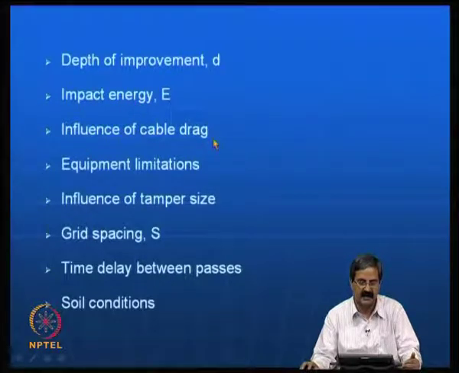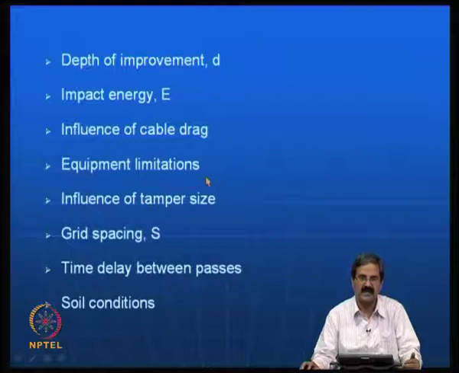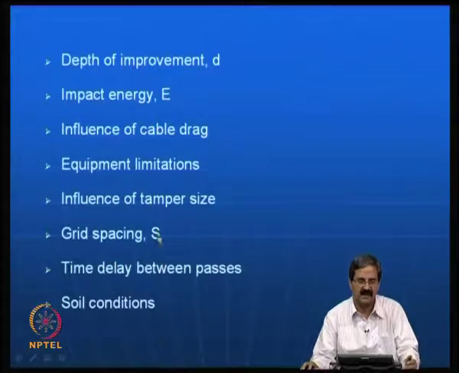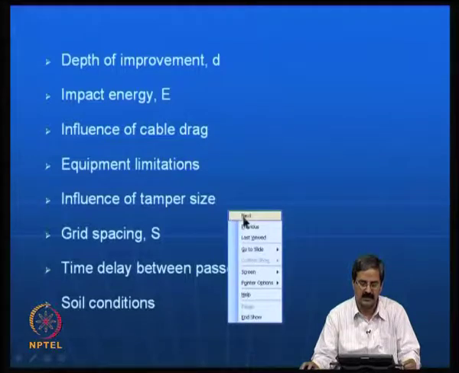Then the influence of cable drag, and equipment limitations: we should understand the equipment that is there, because you are planning for some energy level, which is related to the equipment. Then the influence of the tamper size, grid spacing, and time delay between passes. As I just said, there is a difference between dynamic compaction and dynamic consolidation, because you need consolidation, so you need to give some time there. Then soil condition. The design must be able to address these issues, so that you come out with a rational design approach.